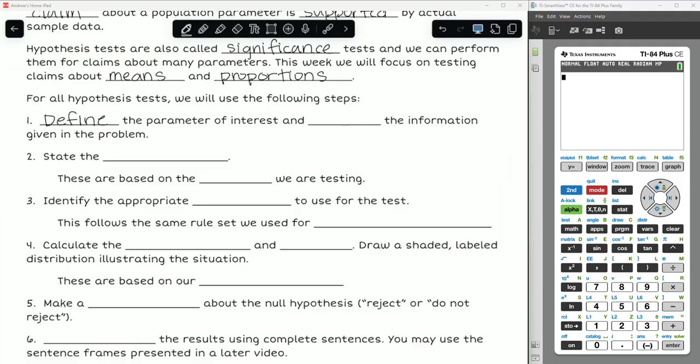Am I testing a claim about a mean? What is the mean of? Are we talking about a mean height of high school students? Mean amount of money spent at toll bridges in the Bay Area? What kind of parameter are we talking about? And we should label the information that was given to us in the problem.